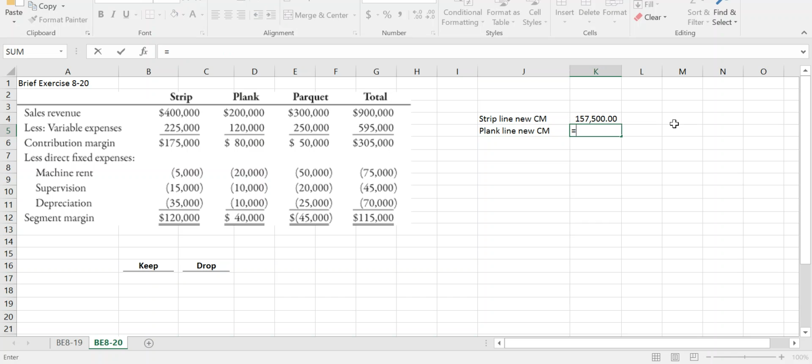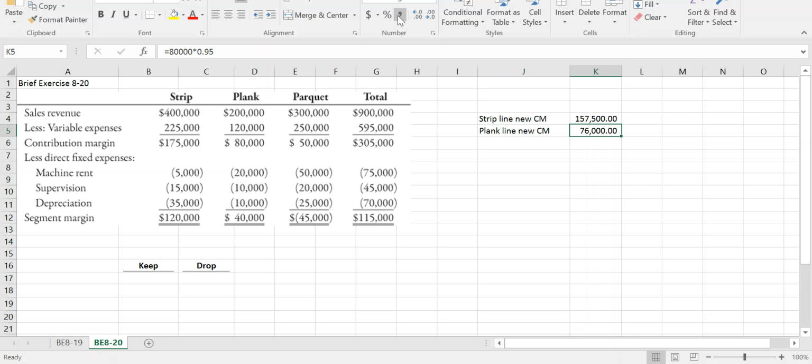For the plank line, currently our contribution margin, if all three product lines exist, is $80,000, but they said that our sales would drop by 5%, which means our variable expenses would drop by 5%, and therefore our contribution margin would drop by 5%, leaving us with 95% of that value, or in total $76,000.